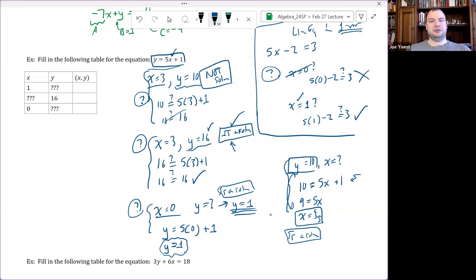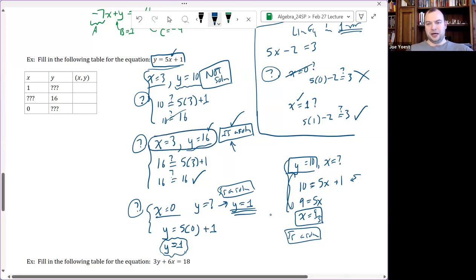That if I pick a certain value for x, I can find a y to go along with it to make a solution. Or if I pick a certain y, I can find an x to go along with it to make a solution. So it seems like I'm going to have lots of solutions, lots of ordered pairs, x and y, each of which represents a solution.